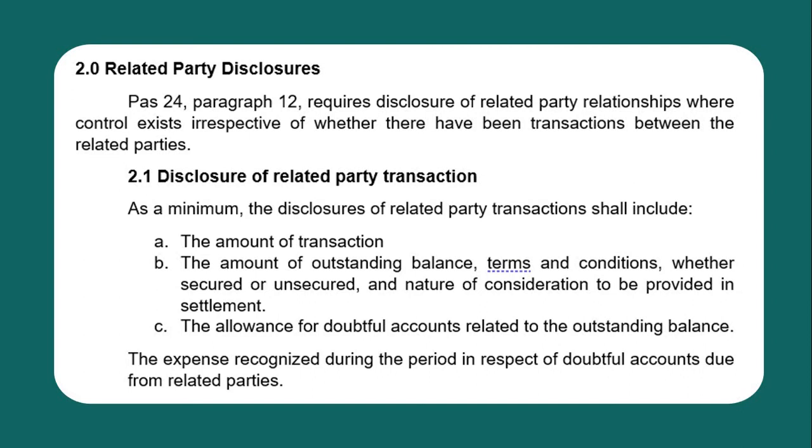Okay, so the standard states that this requires disclosures of related party relationship where control exists irrespective of whether there have been transactions between the related parties. So first and foremost, when there are related parties of the reporting entity, there must be disclosure. So it is required to disclose the related party relationship.